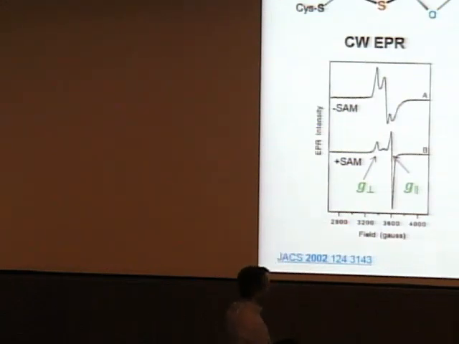So the red one gives us the through bond coupling strength, and the blue widths here give us the through space coupling strengths. From analyzing just this single spectrum, you can say that the carbon-13 we're looking at, and it was a carbon-13 labeled S-adenosylmethionine, must be 4 to 5 angstroms away from that spin center, which was the iron-sulfur cluster.